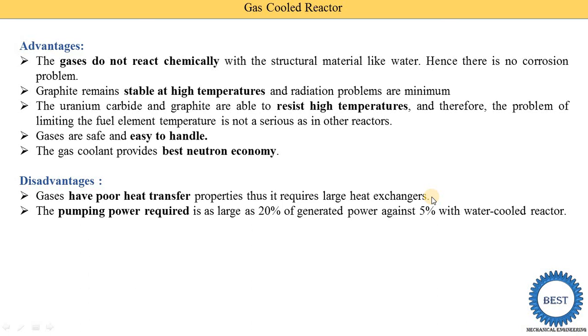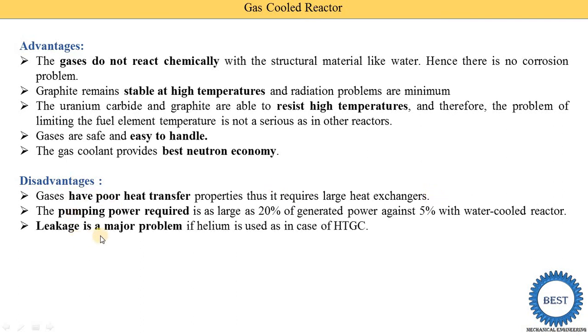In a gas cooled reactor we use a circulating device, meaning blowers or compressors, which require very high power consumption, that is 20% of the generated power. These blowers or compressors consume higher power because they circulate a larger amount of gas. Compared to water, for the same capacities, the circulation of coolant is 4 times more than in water cooled reactors.